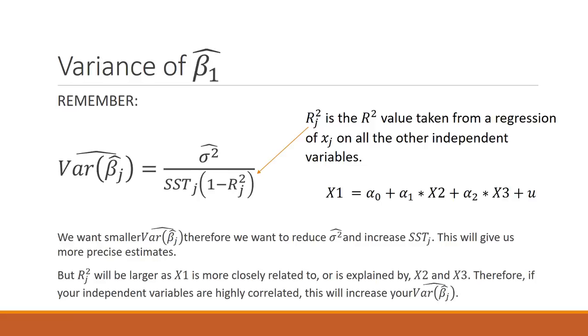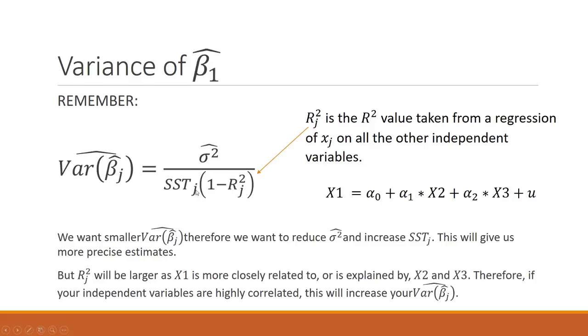Let's try to understand why this is an issue by looking back at our estimated variance of beta j. If you remember from the discussion that I just had about variance, we want our variances to be small because that will reduce our chances of committing a type 2 error. All right, it affects our hypothesis testing.